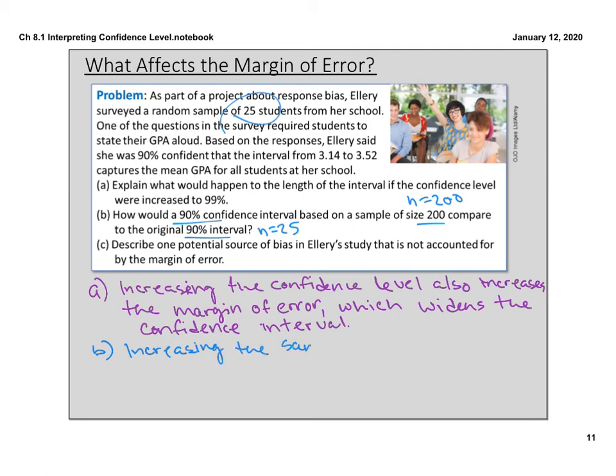Increasing the sample size from n equals 25 to n equals 200 will reduce the margin of error, which will then make your confidence interval narrower.